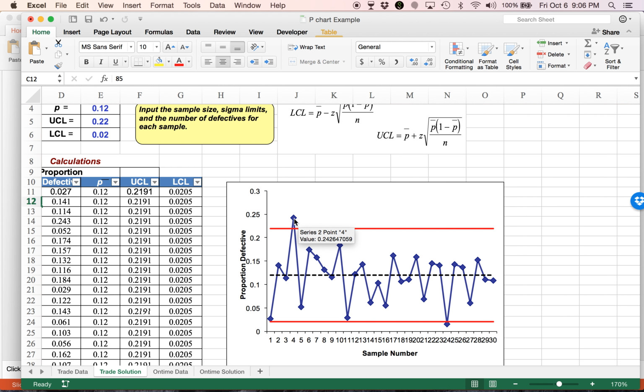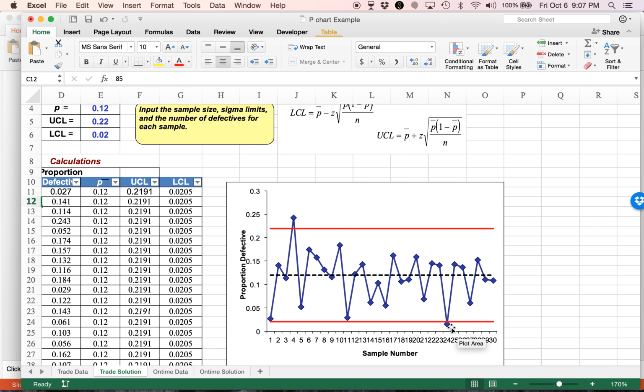That's kind of worrisome because we have about 30 days of trading here. In 30 days of trading, we still wouldn't expect anything to be above the control limit here. So this is a point perhaps that would indicate the process is out of control, and we should investigate to see if there's a special cause to this. Is there something that happened on this day, day 4, that caused a higher proportion of undesirable trades?